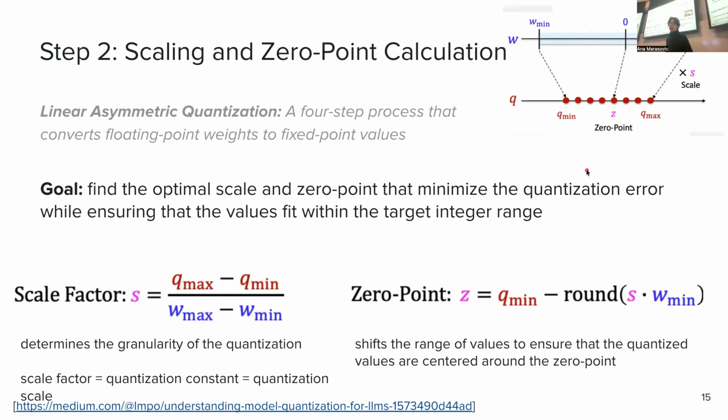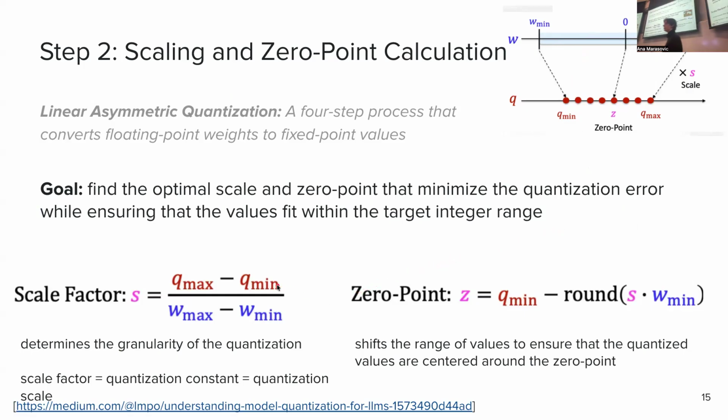So the goal is to find the optimal scale, like how do you scale these original intervals, and 0 point, to minimize our quantization errors by ensuring that the values fit within the target integer range. Okay, so again, two formulas for how to do this.